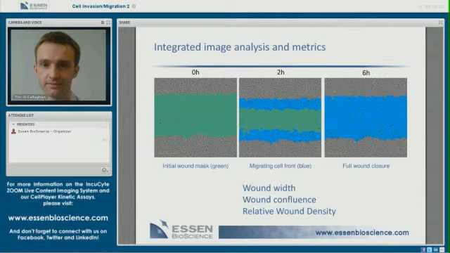A value of 20% would correspond to a cell density within the wound of 20% that of the non-wounded area. It's a self-normalizing metric and can account for changes in morphology, which may be caused by treatment effects, and also changes in cell density outside of the wound that may have occurred due to cell proliferation over the course of the assay.